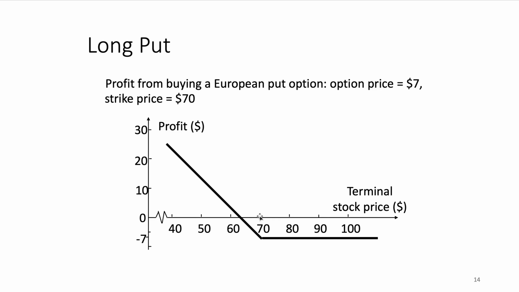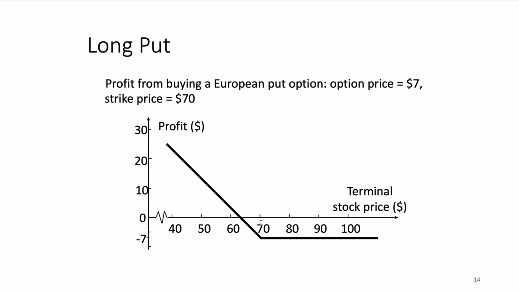So 70 minus 60 will give you $10. If the stock price dropped to 50, 70 minus 50 gives you $20. If the price goes up, you don't exercise, right? You only exercise when it benefits you. You have the right, not the obligation, okay?